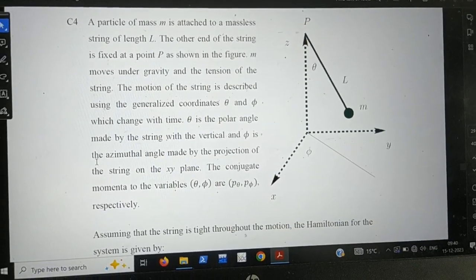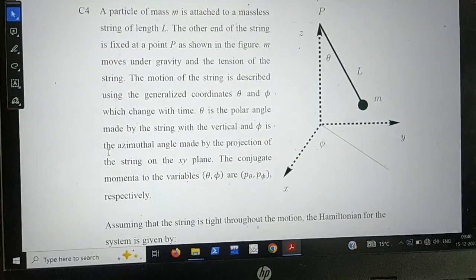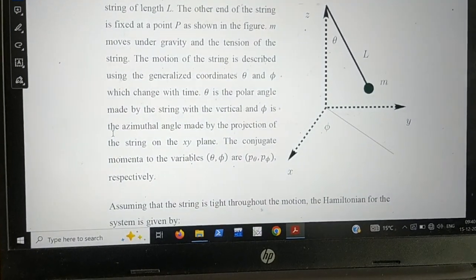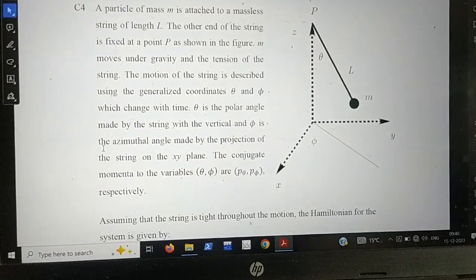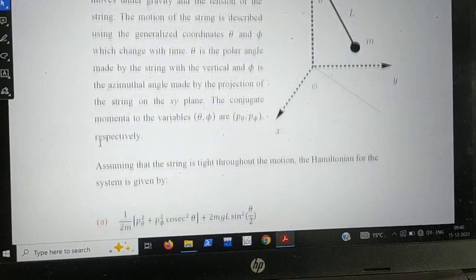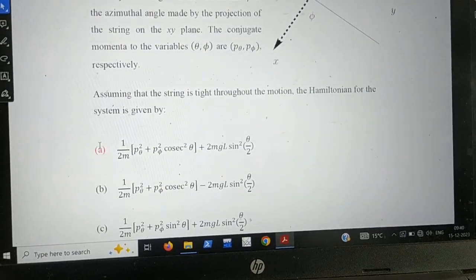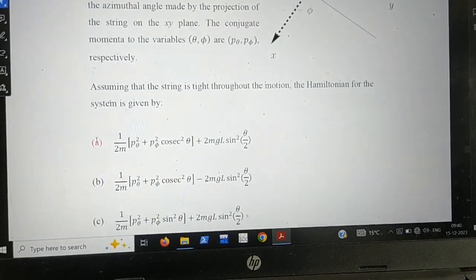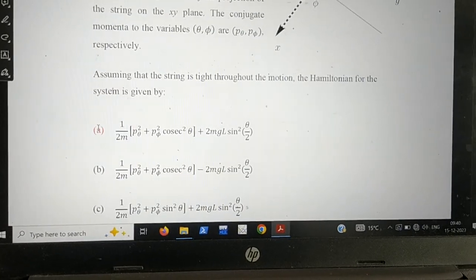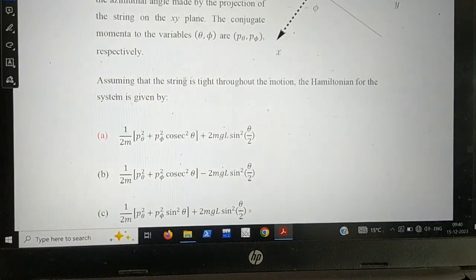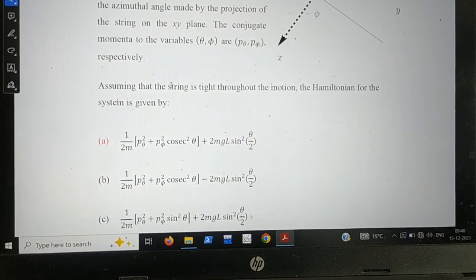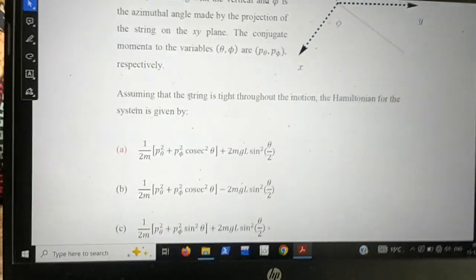You can see this problem. This is very simple actually. You just need to calculate the Lagrangian, and then derive the Hamiltonian. But the string is tight. It is tight throughout the motion. Mind that.